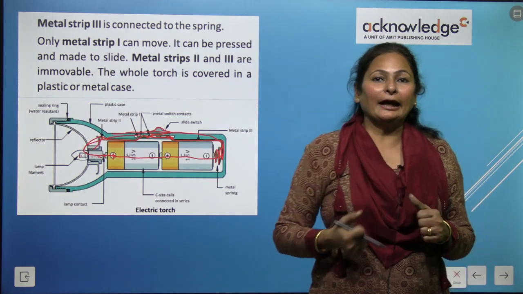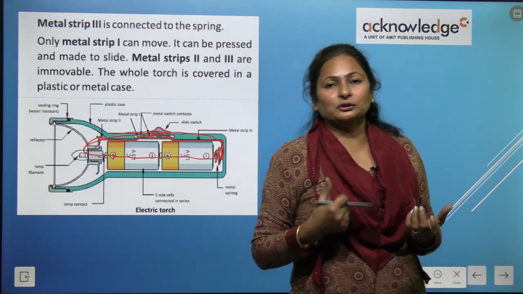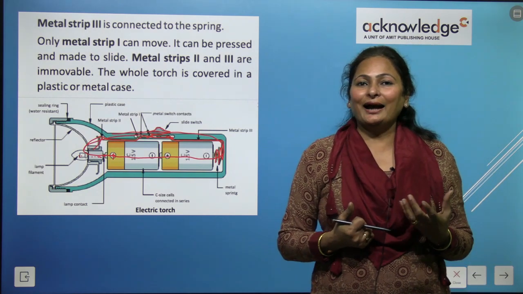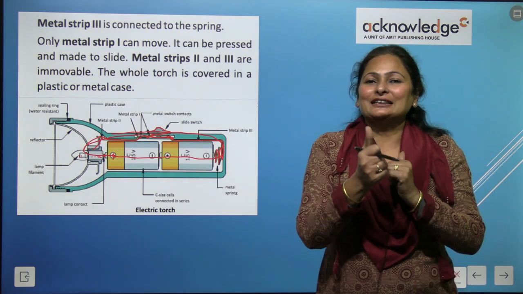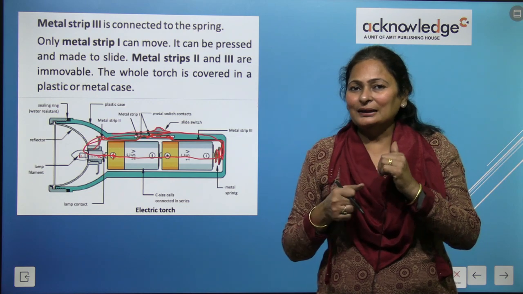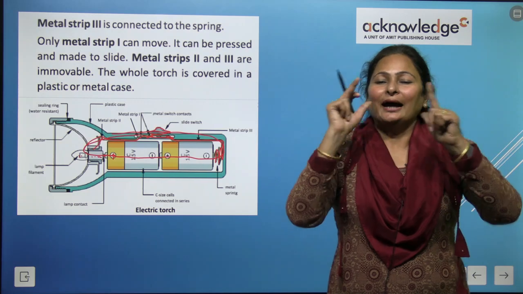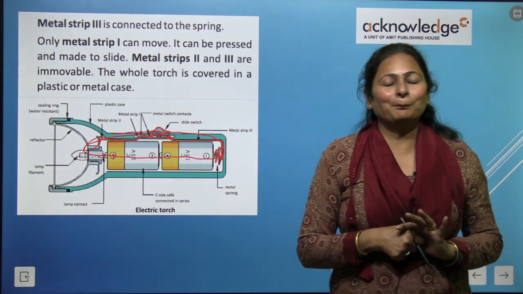But when you slide backward, when you want to switch off the torch, then what will happen? When you slide it backward, it breaks the connection and the circuit is not completed.